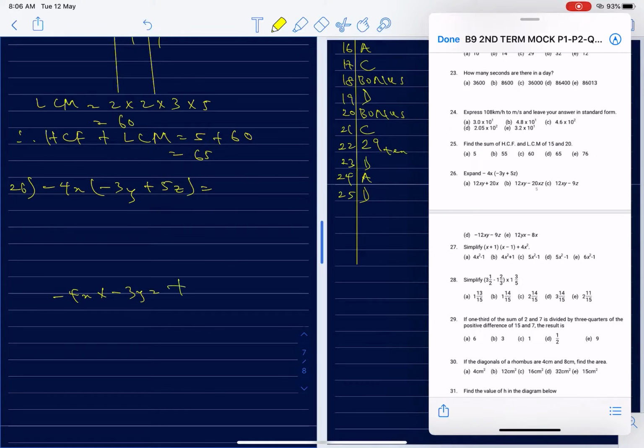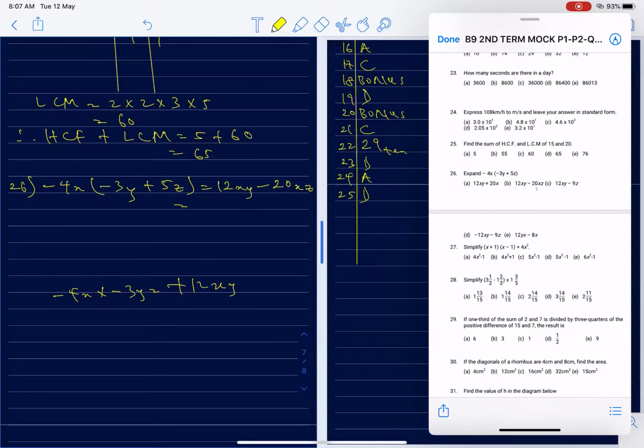Minus and minus is plus, 4 times 3 is 12, x times y, xy. So that's 12xy. Minus and minus again is minus, 4 times 5 is 20, x times z is xz.